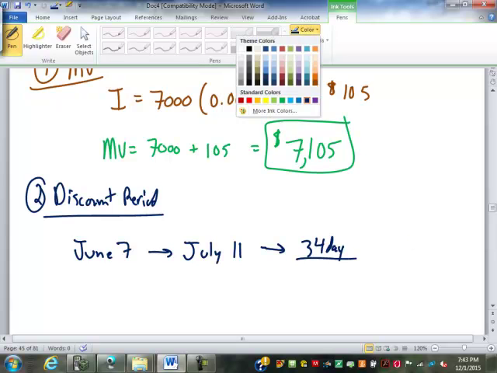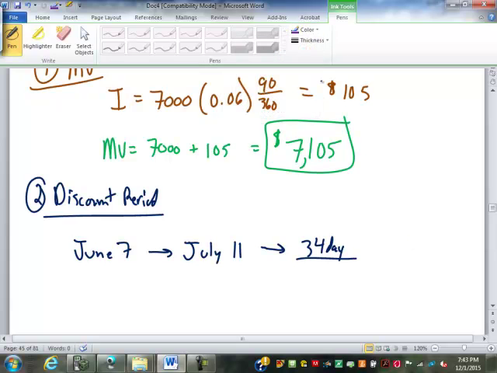Is that my discount period? Say no. Why not? Well, that's when we sold it to the bank. The 34 days is the number of days that have gone by. The discount period is the number of days that are left. That is the single most common mistake made on this next test, just so you know.